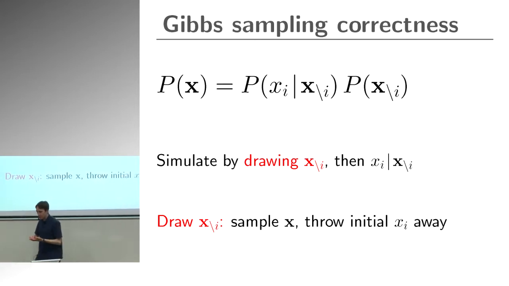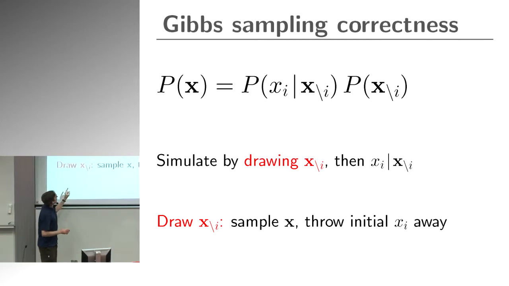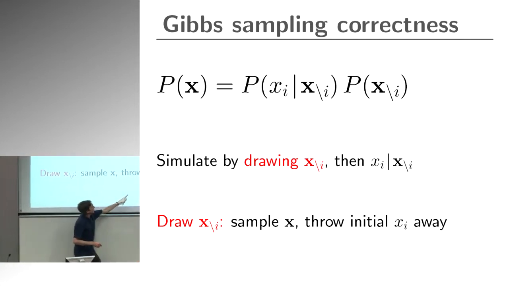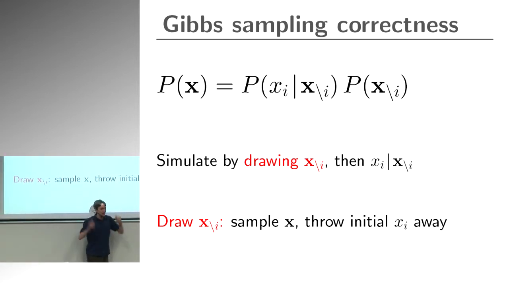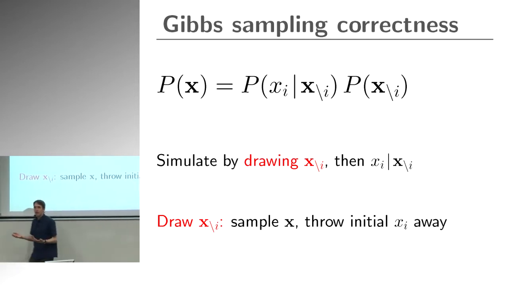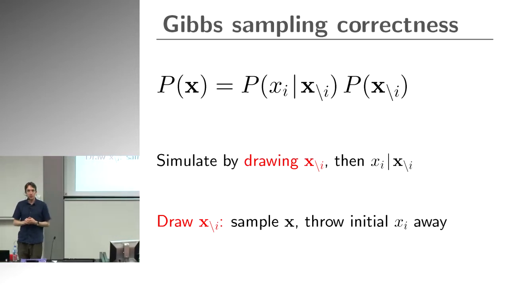Okay, so I'm building up a convoluted idea here. I'm going to draw a sample by sampling the whole vector, throwing one of the elements away. That gives me a sample of all but one of them, and then I'm going to sample the final one again. Okay. And that process, I think, is obviously valid. It's the correct way of sampling from this distribution.